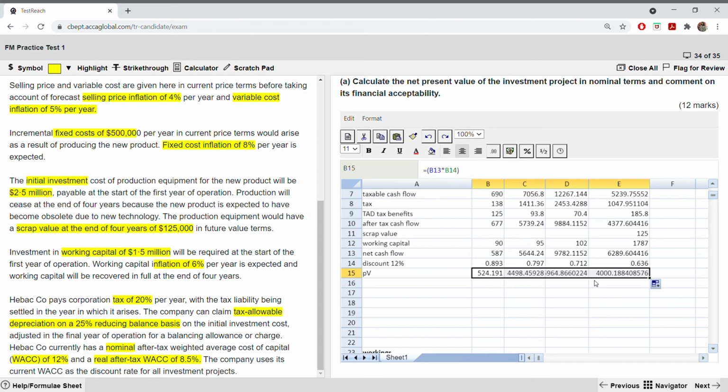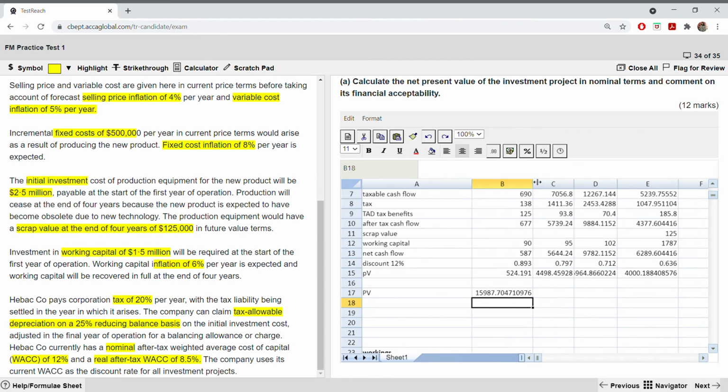Okay. So what is the present value of future cash flows? Okay, the PV. Just add all the present values. Initial investment, okay? You have to minus your initial investment.